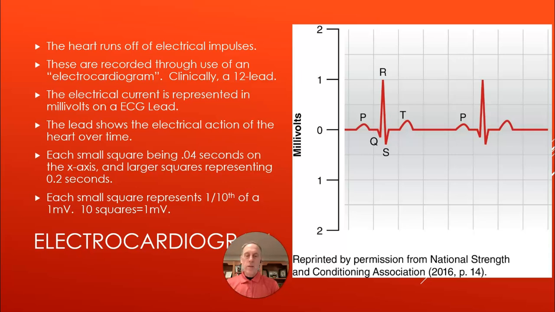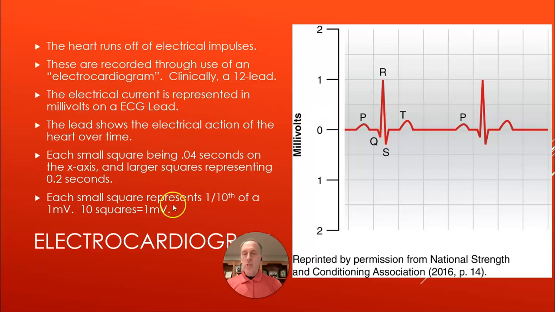So when you're reading a lead quickly, you can see how many QRS complexes, or more accurately how many R's, you see within each 5 squares, each 10 squares, and then you can quickly count out how many beats a person has in a minute.